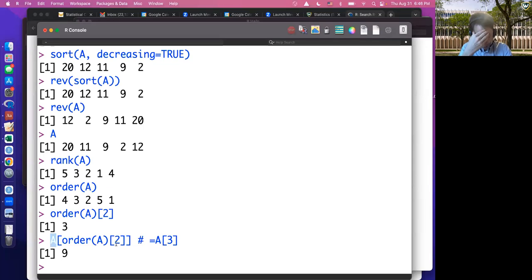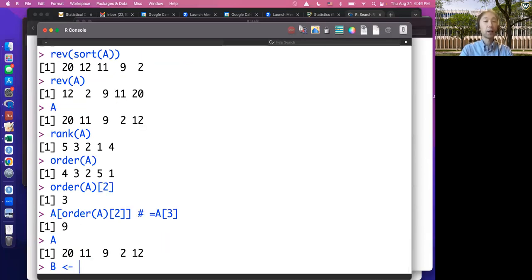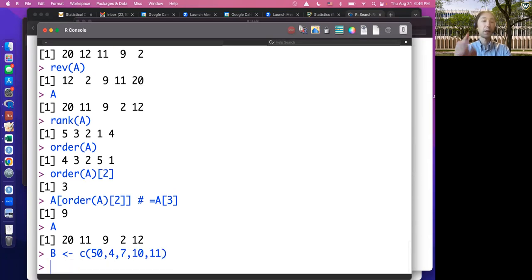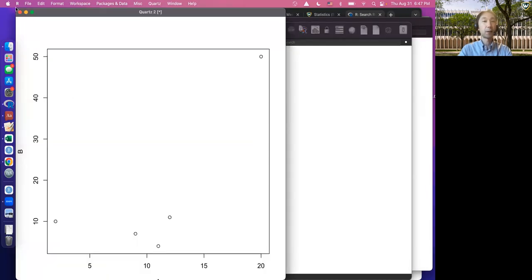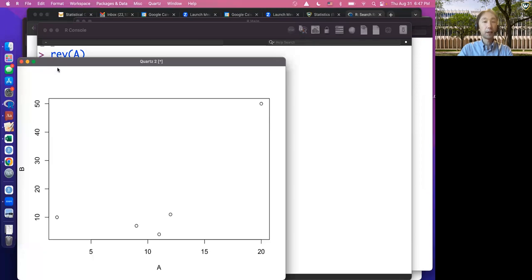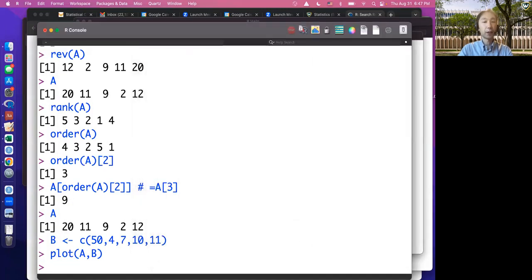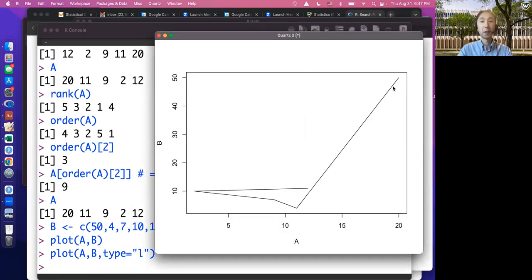And to be exact, for example, maybe A is here, and B is another vector, maybe just random. And for example, plot A, B, then you can get this kind of plot. Maybe 50 is too large. But if we want to make the line graph, usually it does not work well if we just type the line graph, because it becomes this.